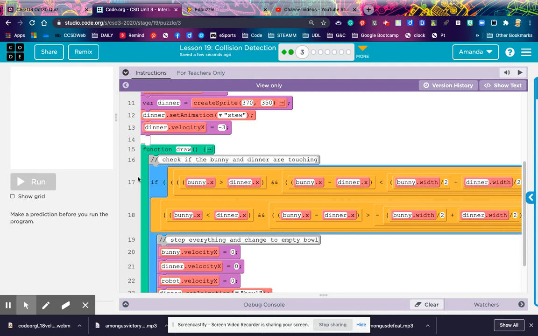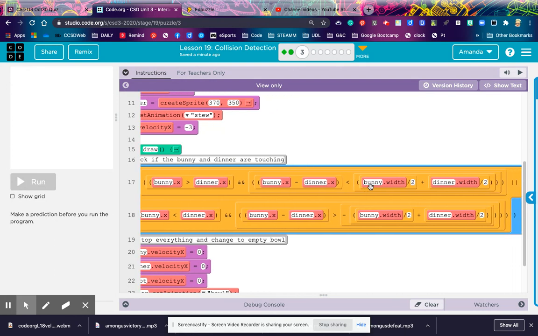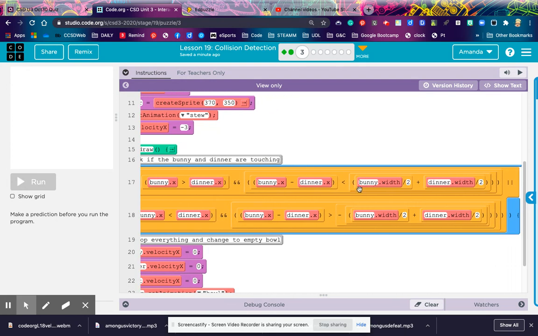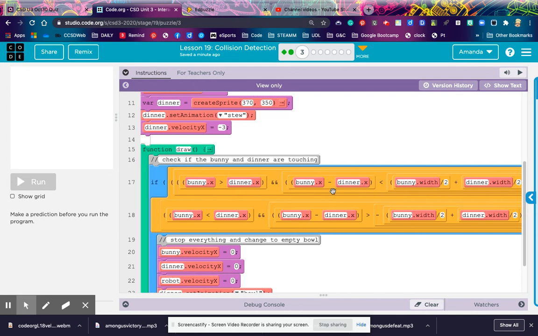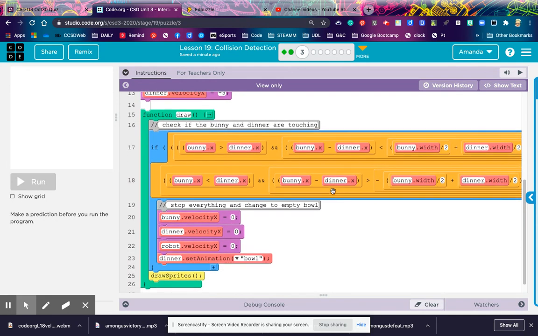Function draw. If bunny.x is greater than dinner.x and bunny.x minus dinner.x is less than bunny.width divided by 2 plus dinner.width divided by 2. Holy moly, that's a lot of math. And see line 18.